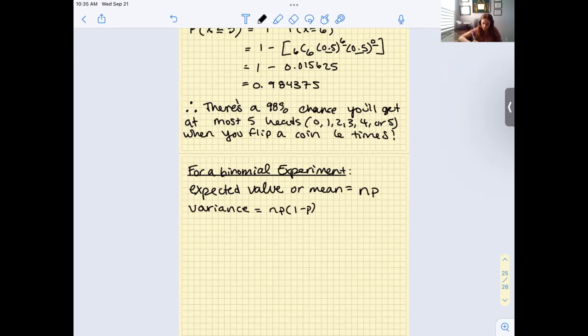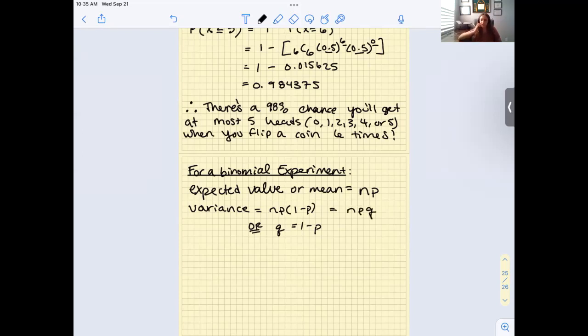Sometimes for me, I like to define success and failure, for example. So I'll just use Q as failure. So Q meaning not P, right? 1 minus P. So then you can just say the variance is NPQ.